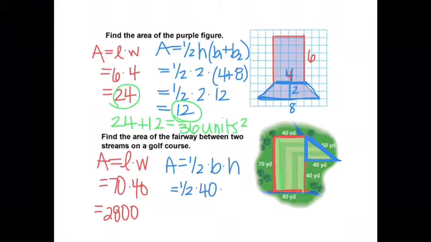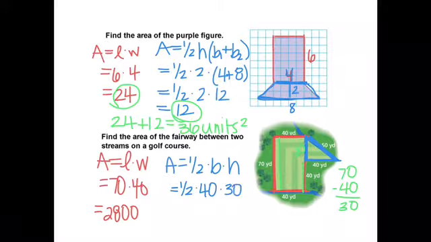So I have to figure out how much more would I need to add to 40 to make 70, and that would give me that length. So 70 minus 40 would give me 30. So this would be 30. So half of 40 times 30 is 600.